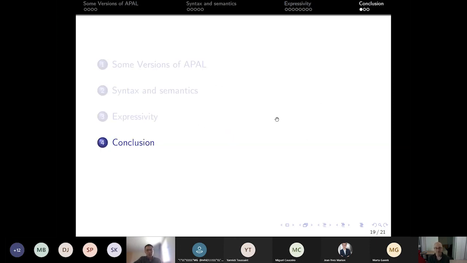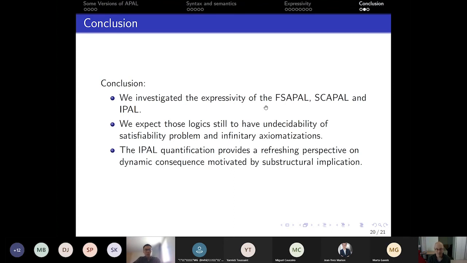Okay, here we go to the conclusion. So in this project, we investigated the expressivity of FS-APAL, SC-APAL, and IPAL. And what's more, we expect those logics still to have undecidability of the satisfiability problem and infinitary axiomatization.